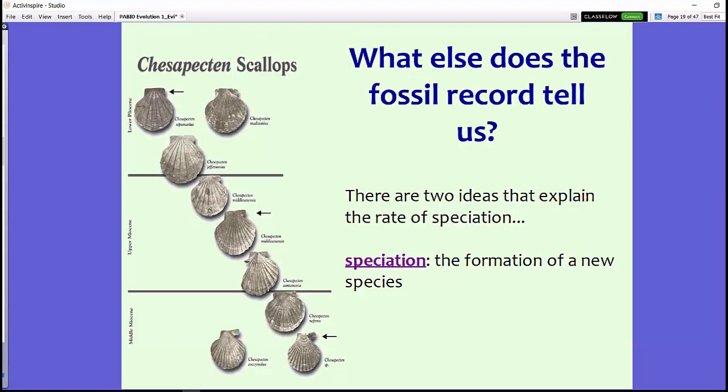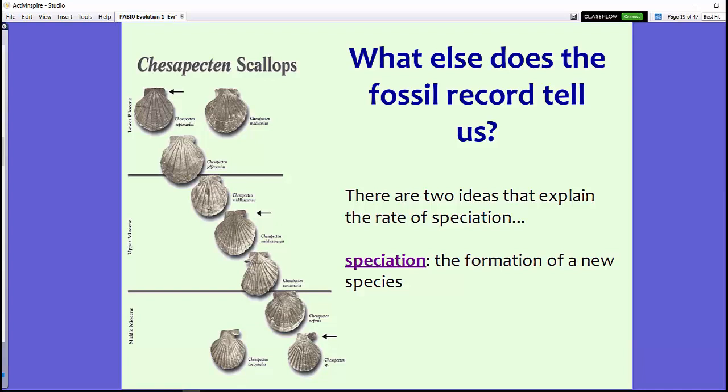Now, what else does the fossil record tell us? Well, there are two ideas that might explain the rate of speciation, which is the formation of new species. Along the way in the fossil record, of course, we see new species coming about, but there are two ideas to explain that.